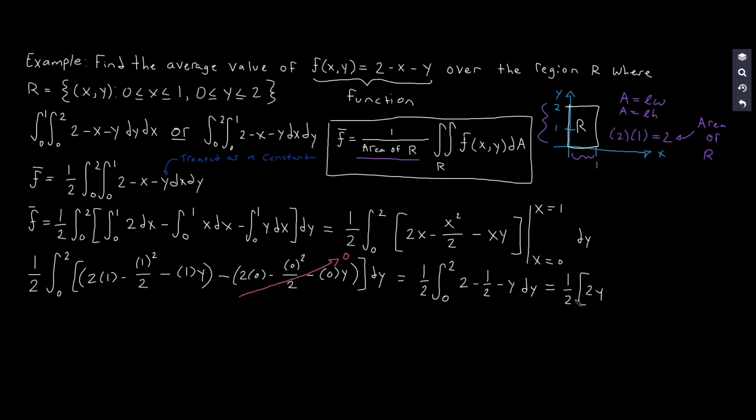Excuse me. This is going to give me 1/2 times 2y minus 1/2 y minus y raised to the second power over 2. And this is going to be evaluated from 0 to 2.